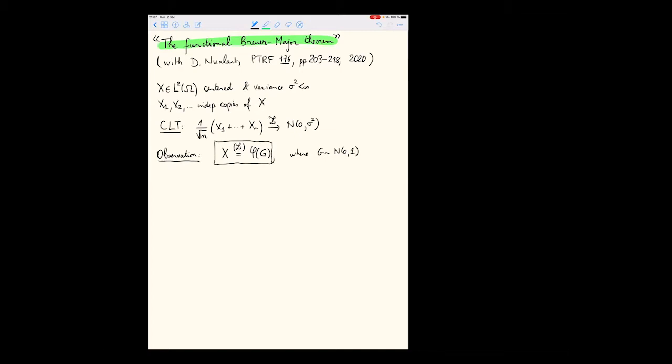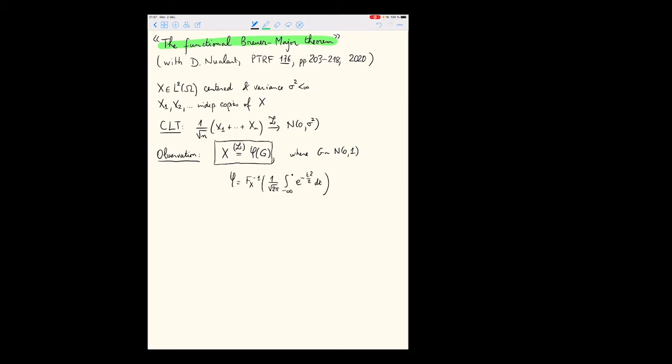This is an exercise for our students. You can take for phi the pseudo inverse of the cumulative distribution function, applied to the distribution function of the Gaussian distribution. It is immediate to check that if I choose this function phi, then my X has the same law as phi of G.